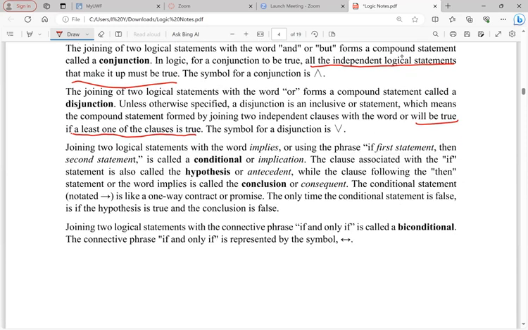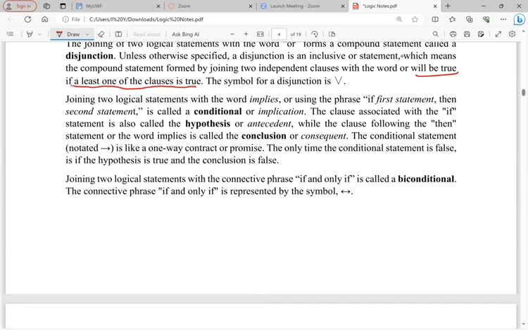Joining two logical statements with the word implies, or using the phrase if first statement then second statement, is called a conditional or implication. The clause associated with the if statement is called the hypothesis or antecedent, while the clause following the then statement or the word implies is called the conclusion or the consequent.